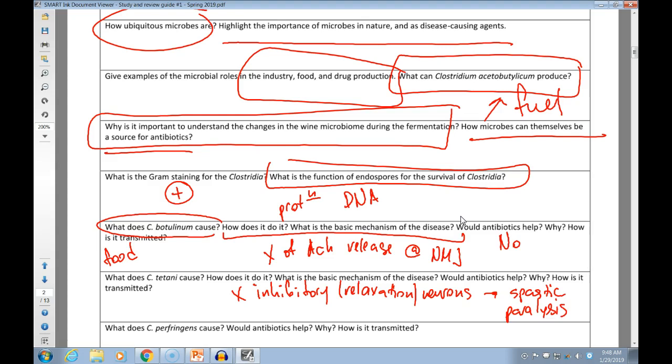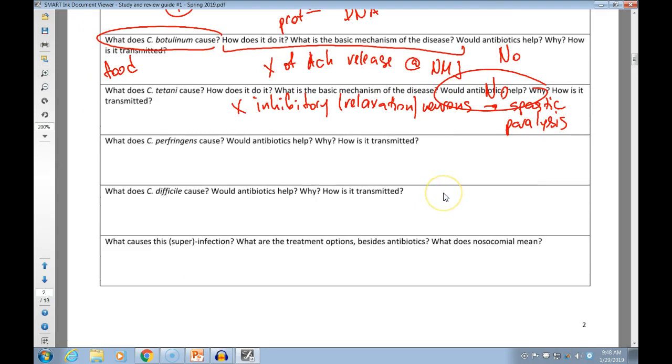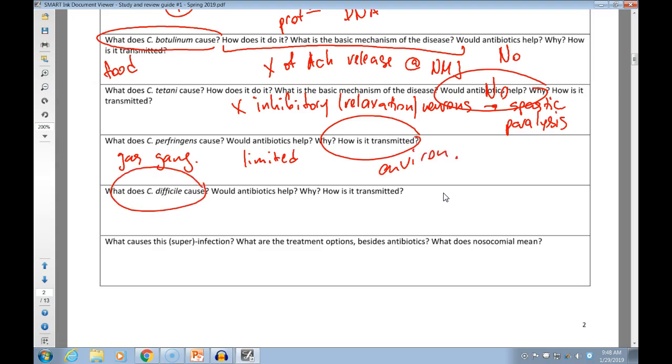Okay, transmission, environment, antibiotics don't help. Clostridium perfringens, gas gangrene. Antibiotics, limited help. Transmitted environment. Clostridium difficile, C. diff, antibiotics, limited efficiency, transmitted orally.